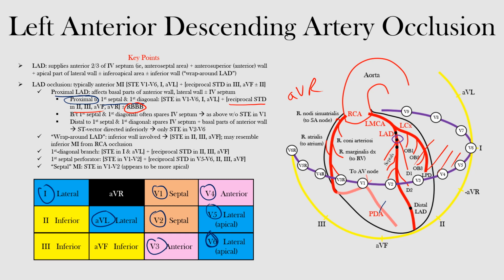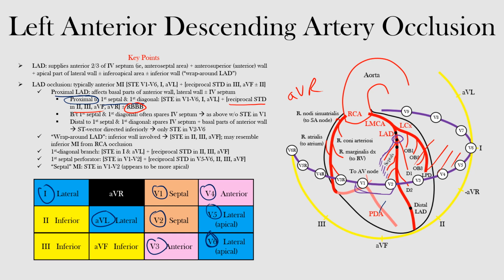In this case, if the first perforator comes off somewhat before it and is able to feed this interventricular septum, it won't be affected. And in that case, we won't see ST elevation in lead V1 in this region here, okay, and sometimes maybe V2, but V1 often won't show ST elevation, okay.